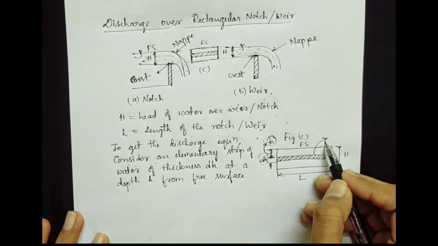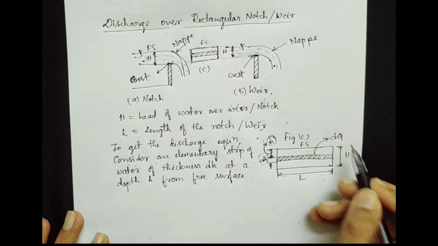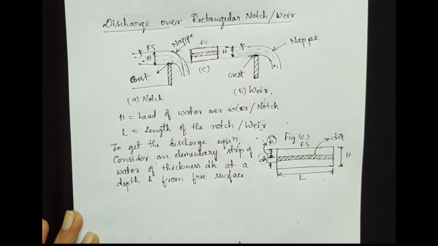Now we have to calculate the discharge through this strip, which is denoted by the symbol dq.